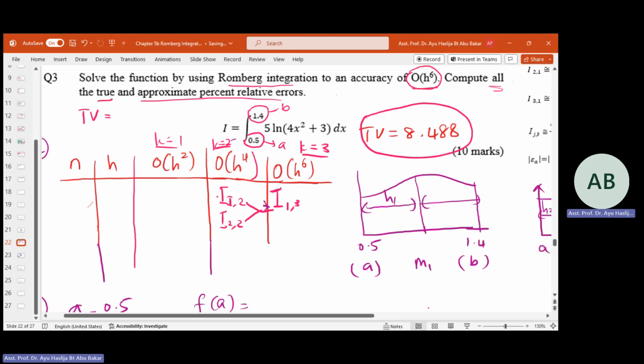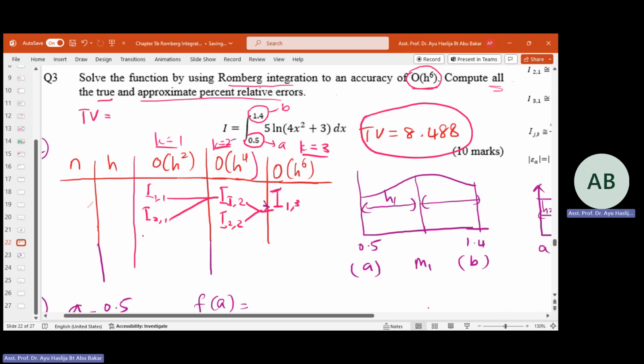Then to get I12, yes, the first level we use trapezoid, but how to get this integration I12? What data that you need? I11 and I21, right? So these two will result in I12.